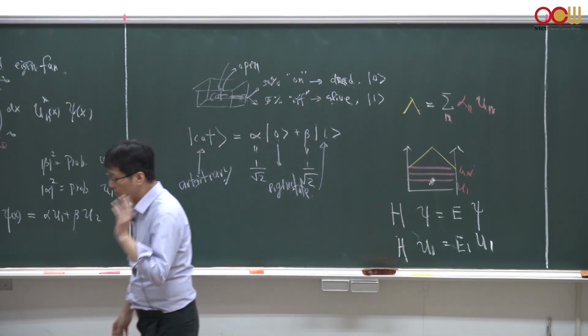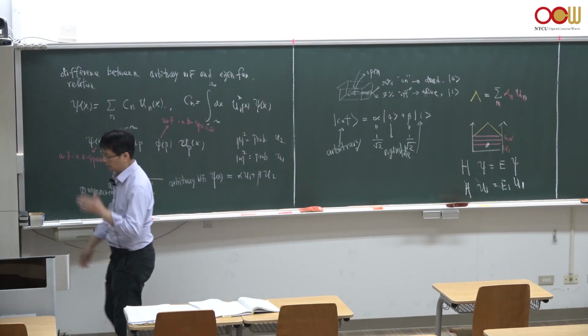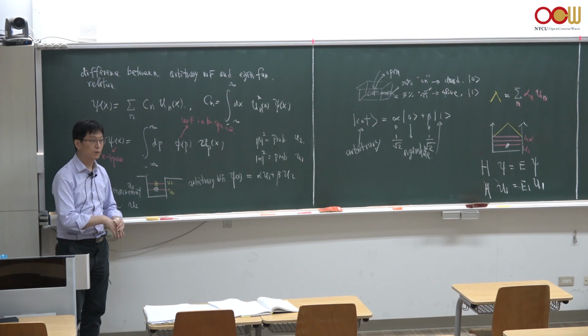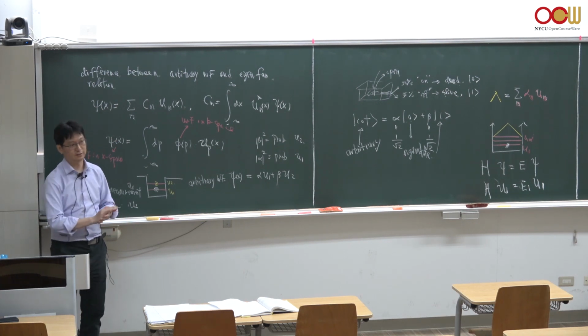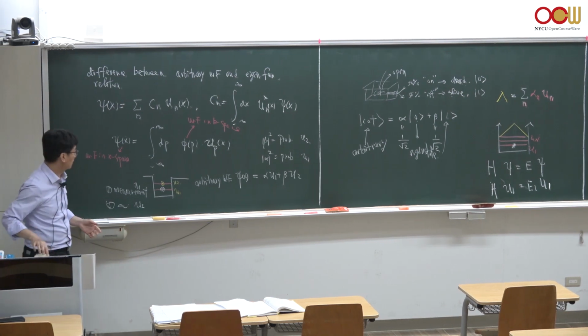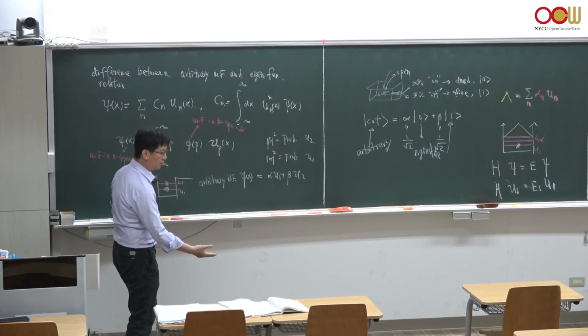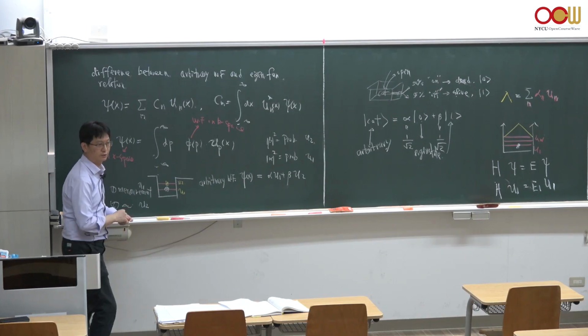So by now you should be able to distinguish between an arbitrary wave function and an eigenstate, an eigenfunction of a particular Hamiltonian. And also the connection with the quantum mechanical measurement, before you measure and after you measure.